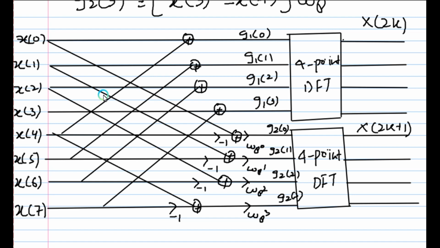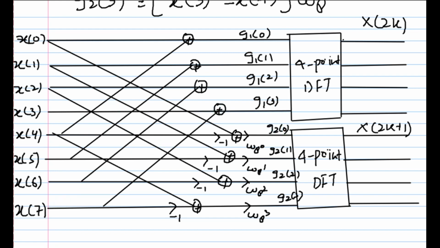So we simply have a summation between x of 0 and x of 4. Similarly g1 of 1 will be equivalent to x of 1 plus x of 5, so a summation here. Then g1 of 2 is equivalent to x of 2, this line, plus x of 6, and g1 of 3 is equivalent to x of 3 plus x of 7.